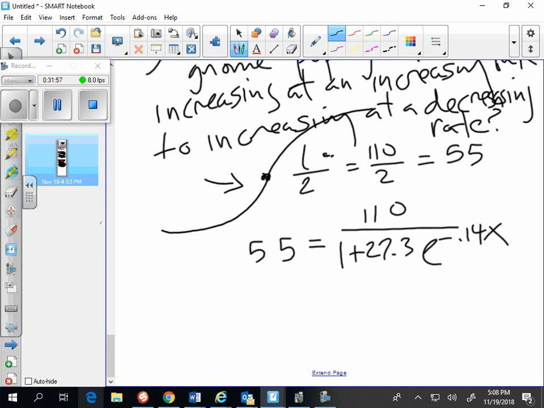So I'm going to wait a moment while you solve this problem. Either way is fine with me. It would be good to be able to solve it one way. I'm going to be doing it the graphical method. Don't forget, everything in the denominator, if you do it graphically, has to be in parentheses.